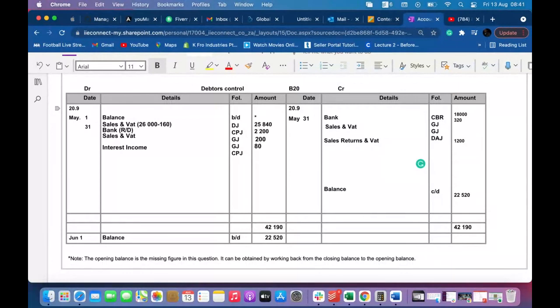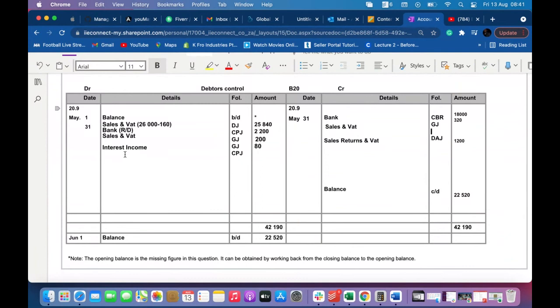So in other words, there was another check that bounced. Okay, but that we can't have over here, because remember, if a check bounces, it's going to actually increase our debtors control, because that means that this person who we thought had paid us actually hasn't. So we now need more money from them.